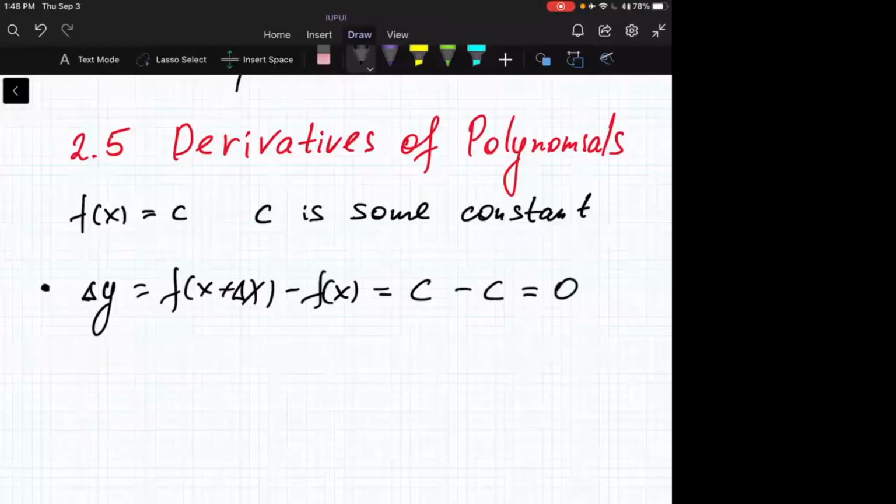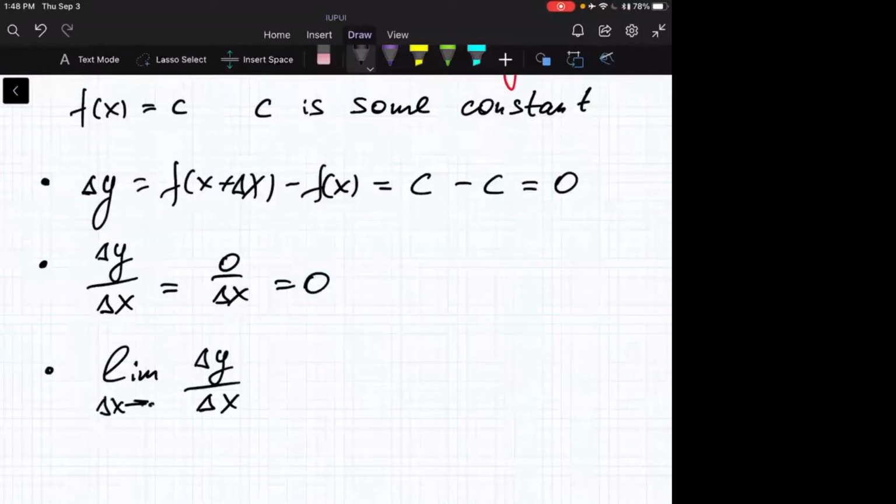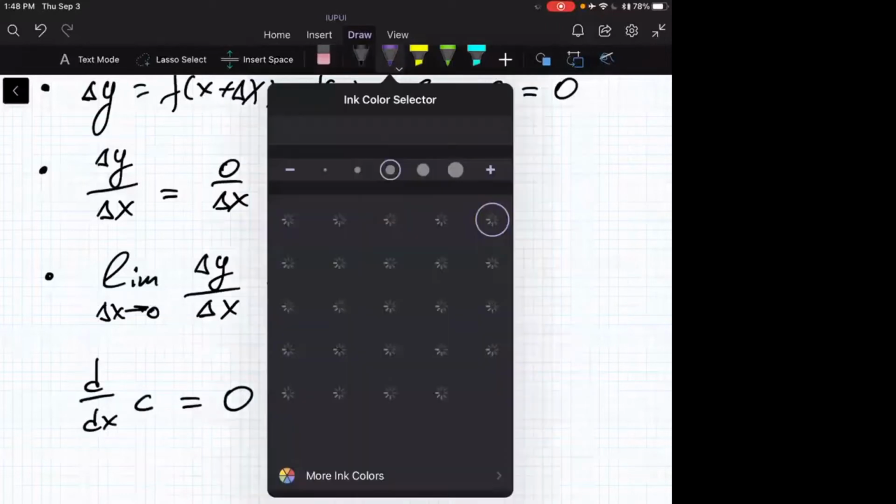So it is just 0. Then we calculate delta y over delta x, which is 0 divided by delta x, and this is just 0. And the third is to consider the limit of delta y divided by delta x when delta x goes to 0. But this is the same as the limit of 0, which is just 0 itself. And so what we get is that the derivative of the constant function is equal to 0.